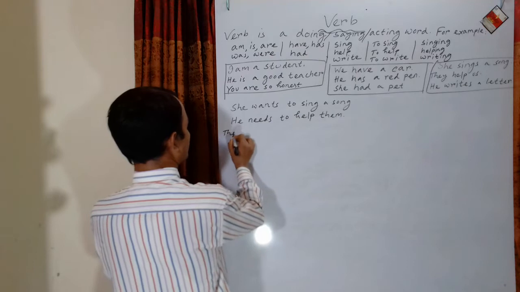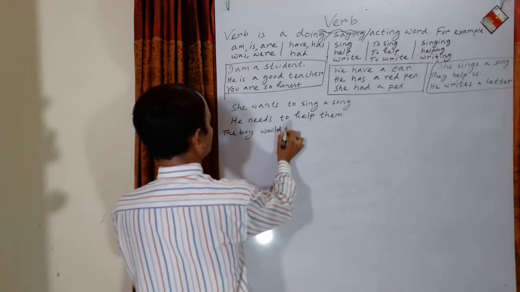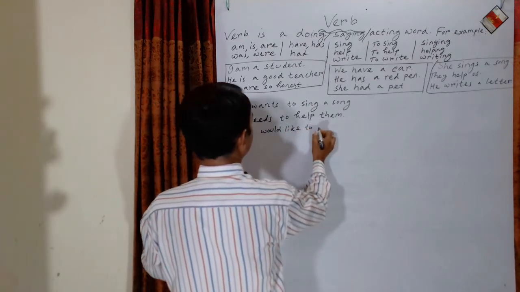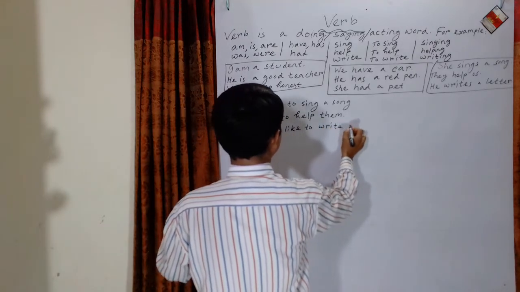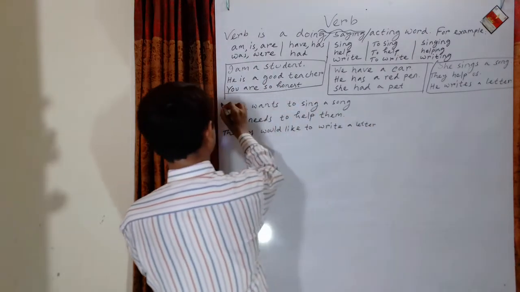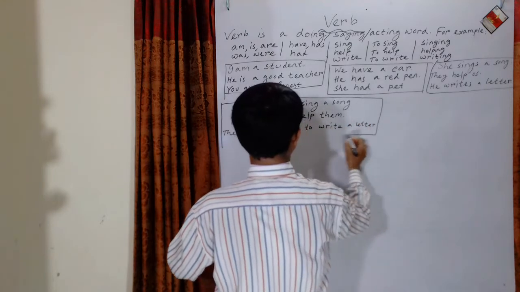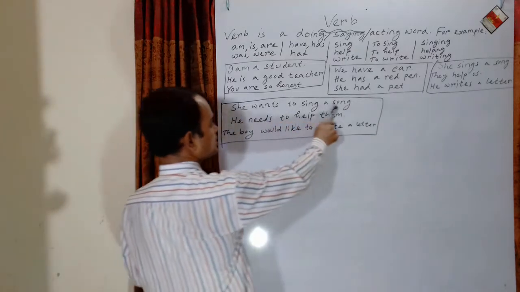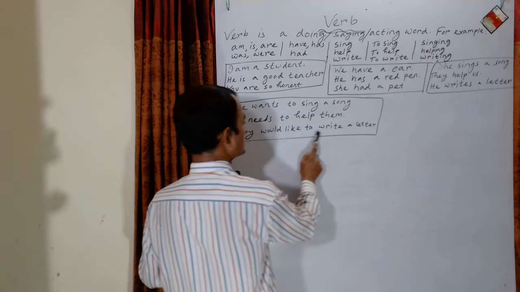The boy would like to write a letter. Okay. She wants to sing a song. He needs to help them. The boy would like to write a letter.